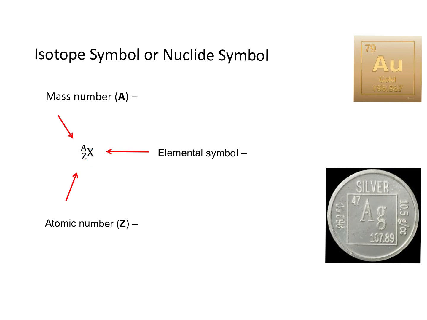And so when we talk about this, the symbol at the top would be the mass number. And this is the total number of protons and neutrons in the nucleus.